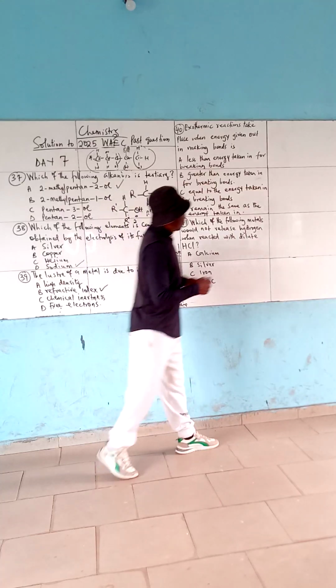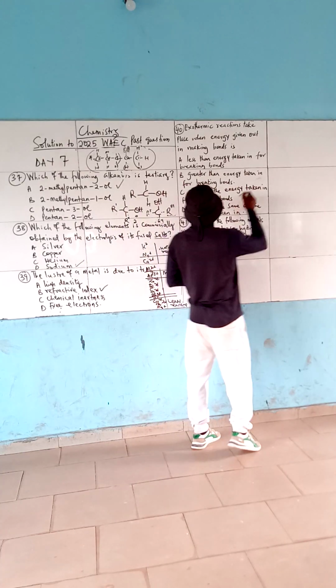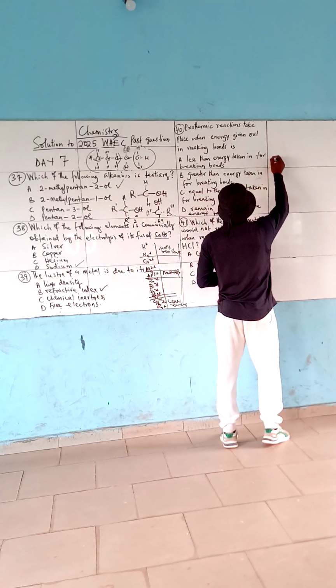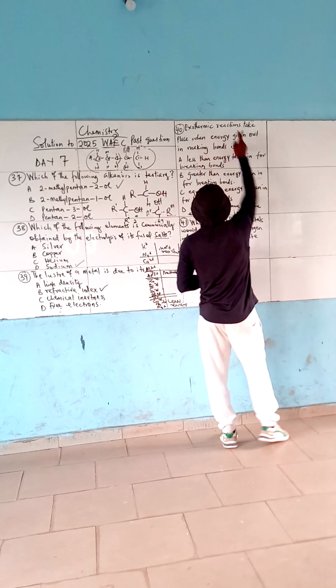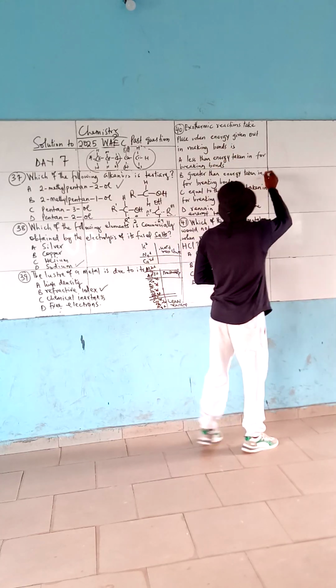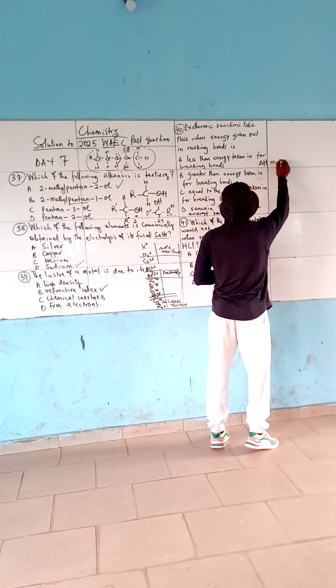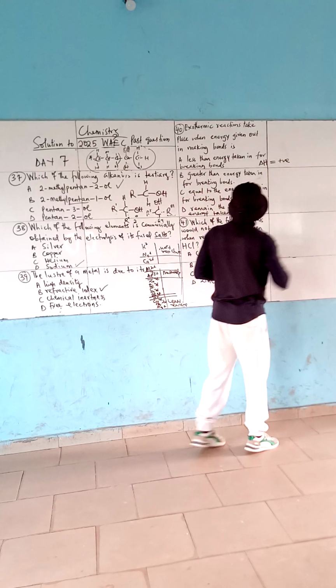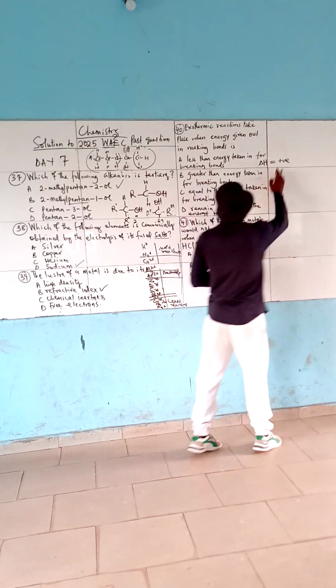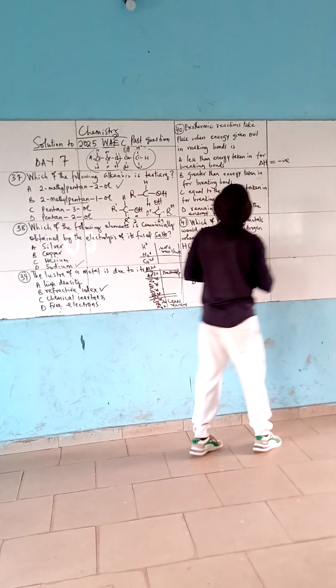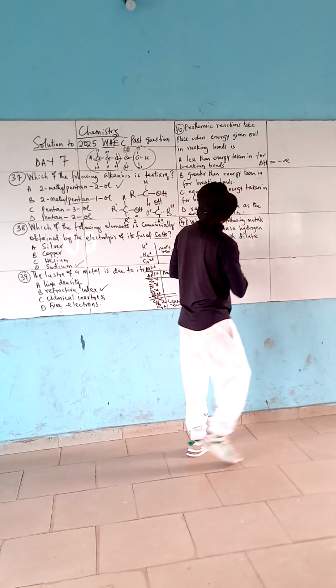Now, recall that in an exothermic reaction, delta H, the change in enthalpy of reaction, is negative. Why? Because heat is given out. From the expression, the change in enthalpy of the reaction equals the heat of the product minus the heat of the reactant.